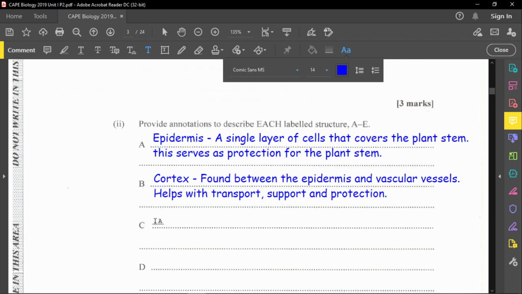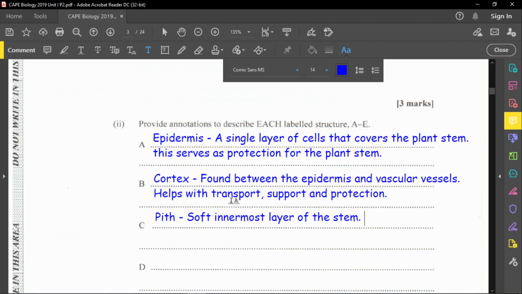And then C, which is the pith. The pith is soft in texture. So it is the soft innermost layer of the stem. All right, so the soft innermost layer of the stem.